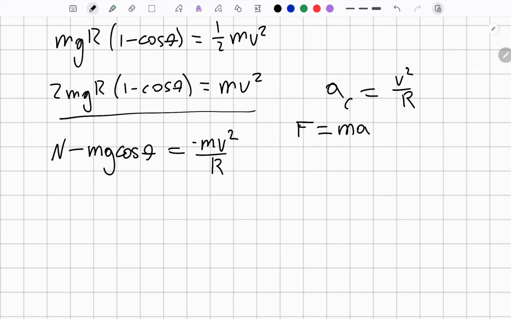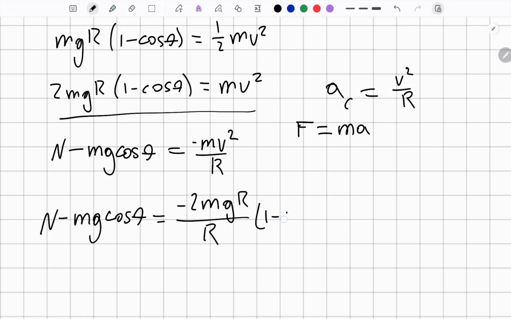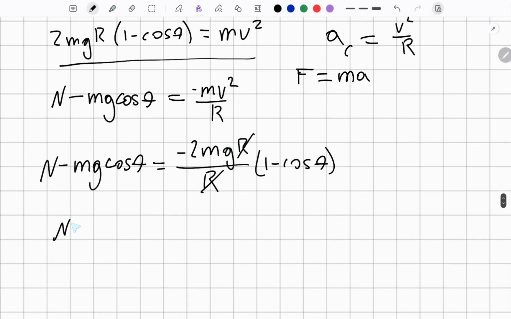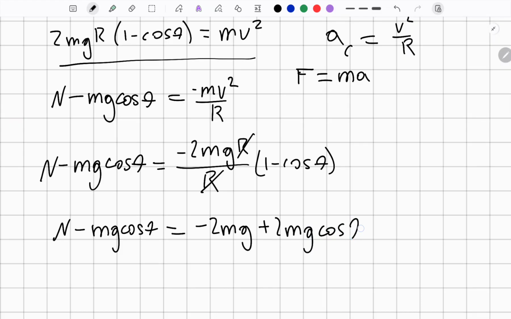Now, this is where this equation up here comes into play. We now have an expression for mv squared. So our normal force minus mg cosine theta is equal to negative 2 mgr over r times 1 minus cosine theta. You can see those r's are going to go away. We have the normal force minus mg cosine theta is equal to negative 2 mg plus 2 mg cosine theta.